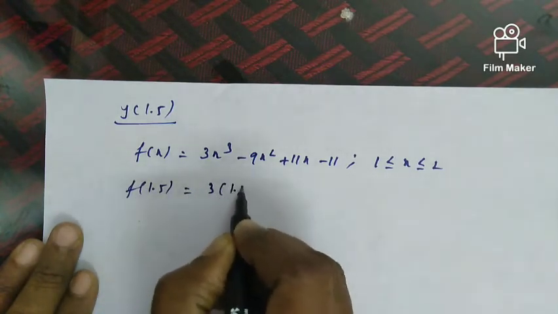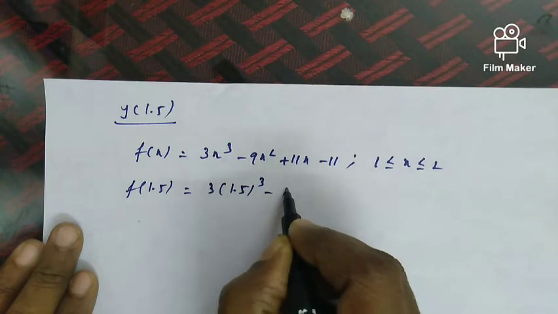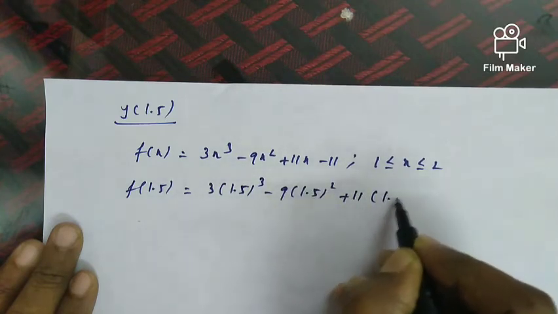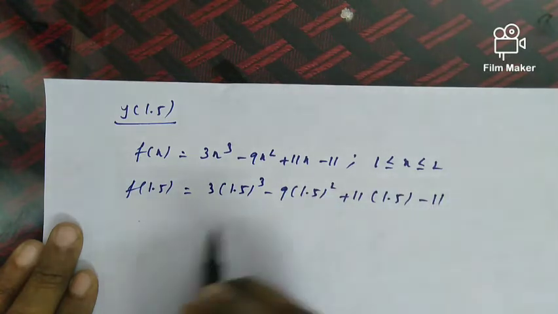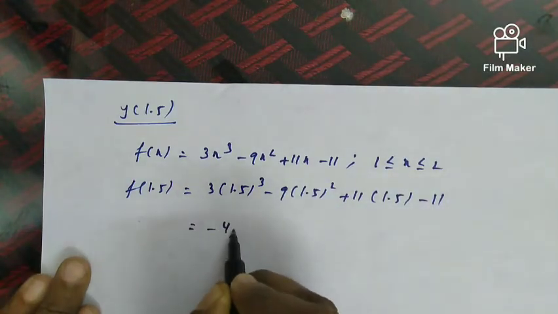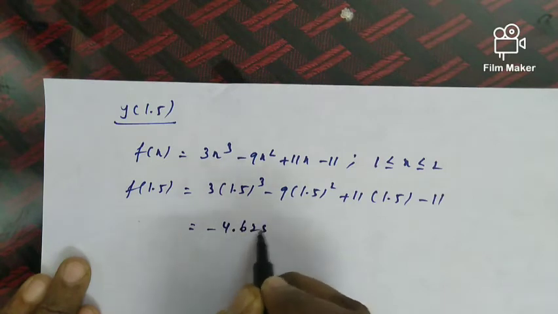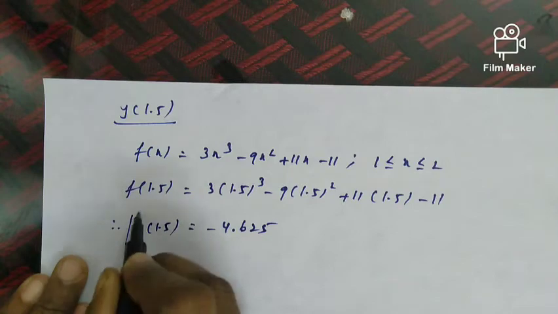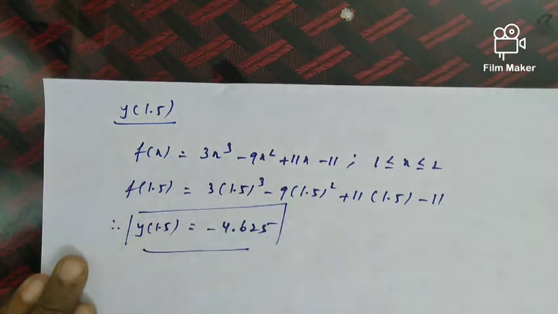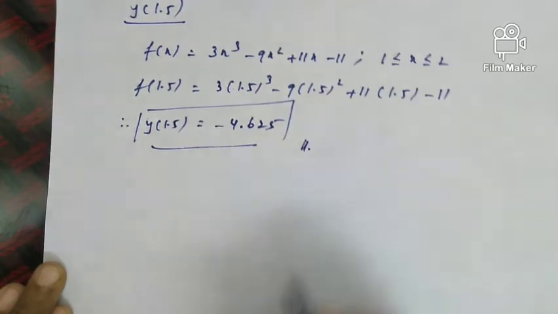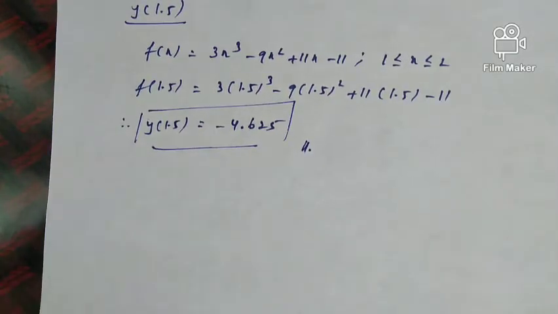That means f of 1.5 equals 3 into 1.5 power 3 minus 9 into 1.5 the whole square plus 11 into 1.5 minus 11. Simplifying this, you can get the answer as minus 4.625. Therefore y of 1.5 is equal to minus 4.625. So this is the first one of the second part.